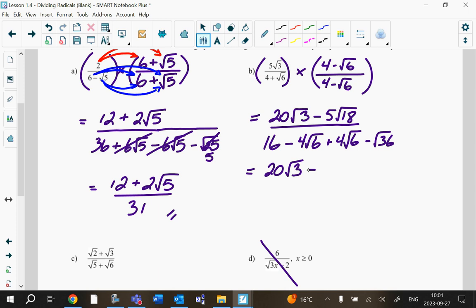I can break that down to root 9 times root 2, and then I'm going to times it by 5. On the bottom, every time we multiply by the conjugates, the two middle ones on the bottom will cancel each other out. What's the square root of 36? So actually, I've got 16 minus 6 on the bottom now.